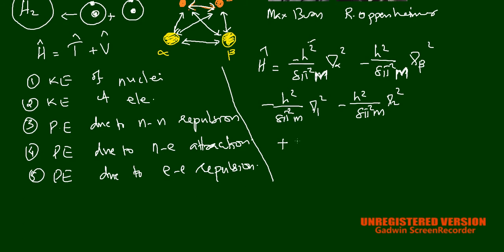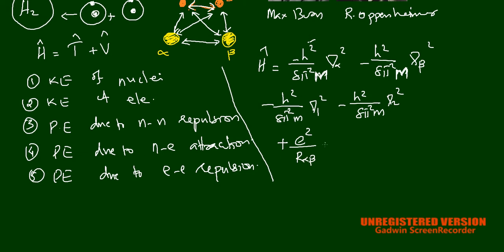So the nucleus interaction, that is Q1 Q2 by R. If the two point charges are being repelled, then the repulsive potential energy is Q1 Q2 divided by R, where R is the distance between the two point charges Q1 and Q2. Like that, here the two nuclei are repelling each other. Each nucleus has the charge e. Then the potential energy due to the repulsion is e into e, that is e square divided by the distance between the two nuclei, that is, we can write it as R alpha beta. Okay, that is R alpha beta is the distance between the two nuclei.